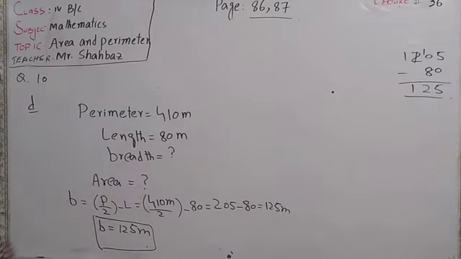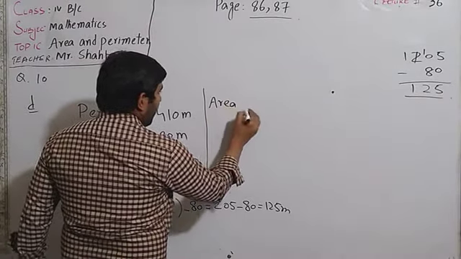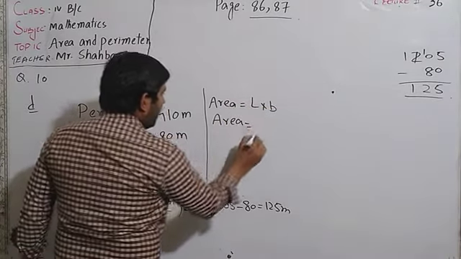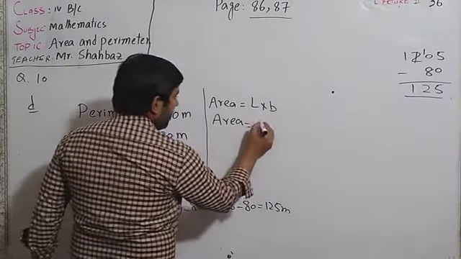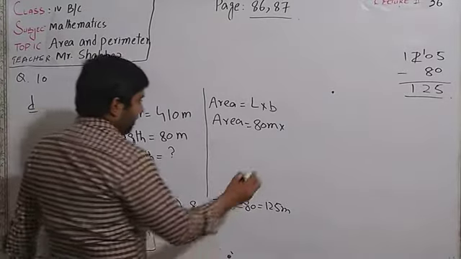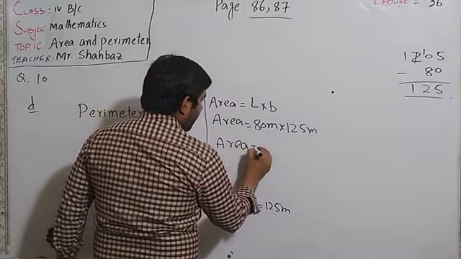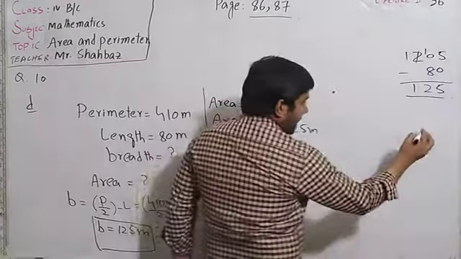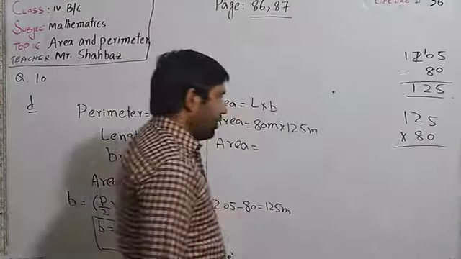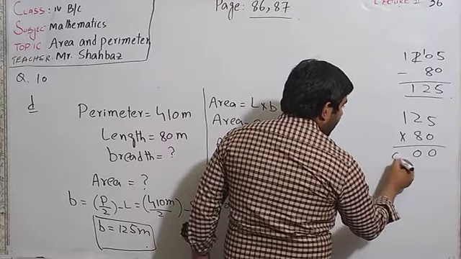Now we have to find the area. You know that area is equal to length multiplied by breadth. Area is equal to length, 80 meter, multiplied by breadth, 125 meter. Now you have to multiply 125 multiplied by 80. When you multiply 0 with 5, 0 with 2, it will be 0, 0 and 0.